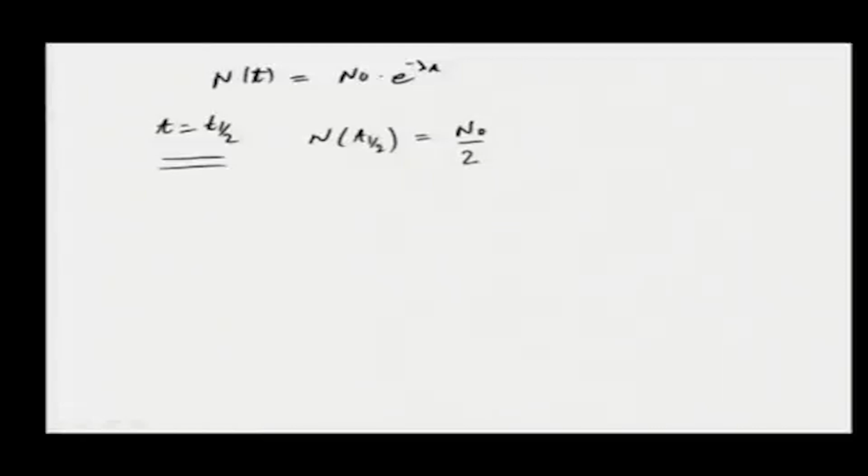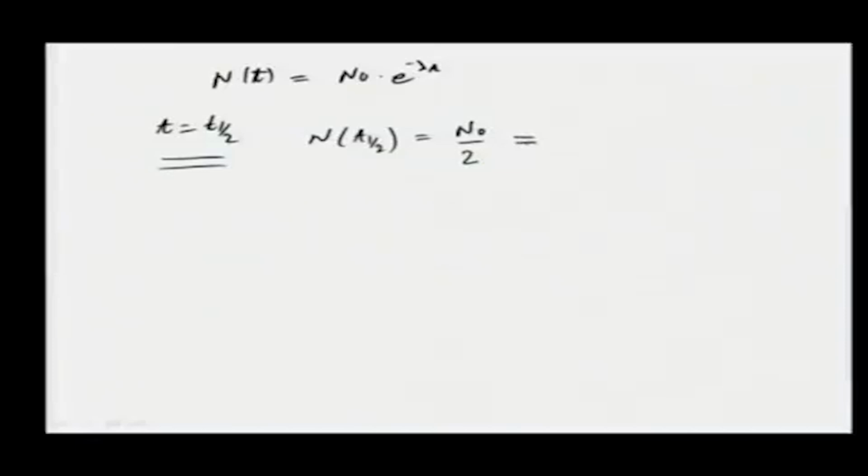We started at t equal to 0 with n 0 nuclei, and after t half time we have n 0 by 2 nuclei in the sample.